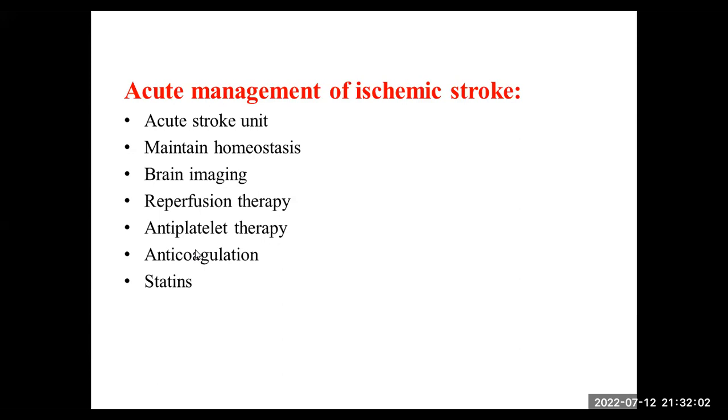So anticoagulation is only used when there is a cardioembolic stroke, especially in case of atrial fibrillation. Another indication in which anticoagulation might be considered is if there is venous thromboembolism, one of the possible complications associated with stroke. As we all know, patients with stroke are prone to develop DVT, which can be complicated with pulmonary embolism. And this is an indication for anticoagulation. So this is another indication beside cardioembolic stroke.